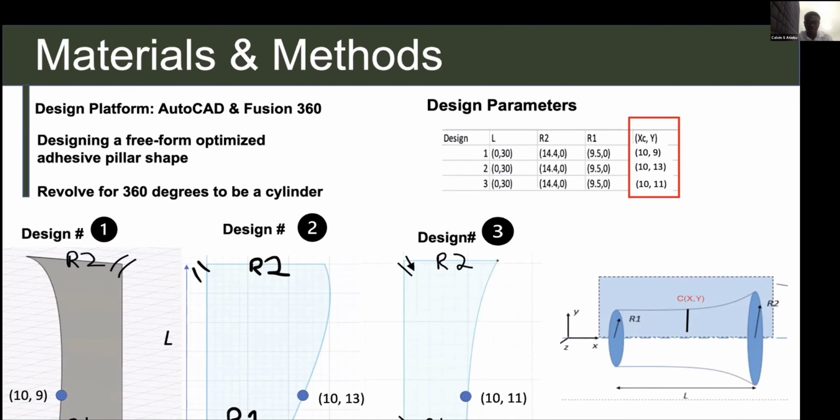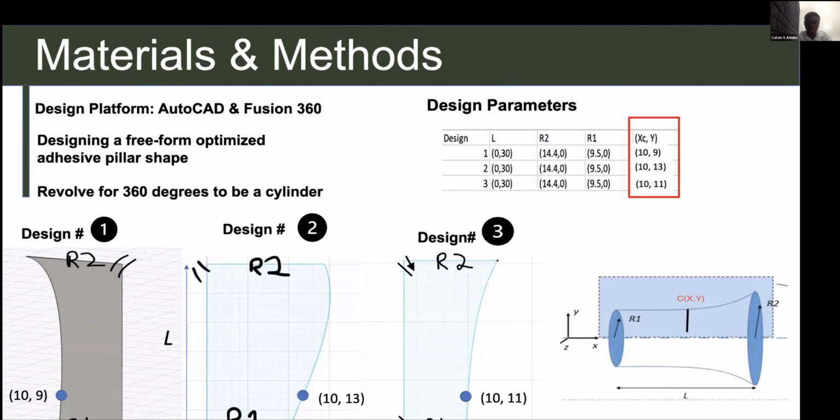This means that the design phase begins with a 2D isometric pillar shape. Then I use the spline function to draw a curve from a specific point, for example, from R2 to R1. Next, I revolve the structure 180 degrees or 360 degrees from a 2D image to a 3D image.